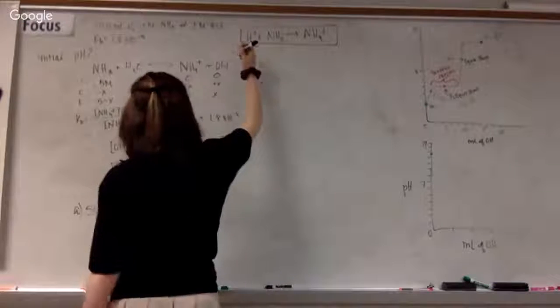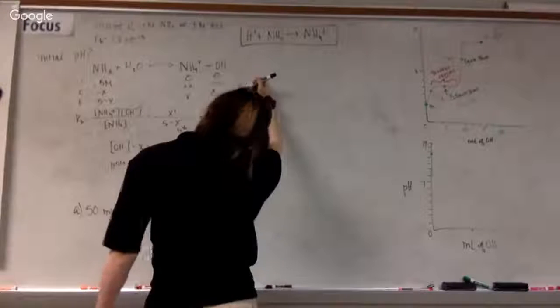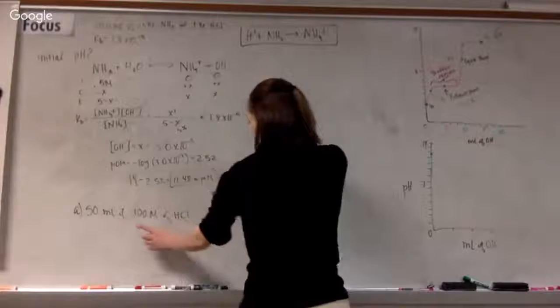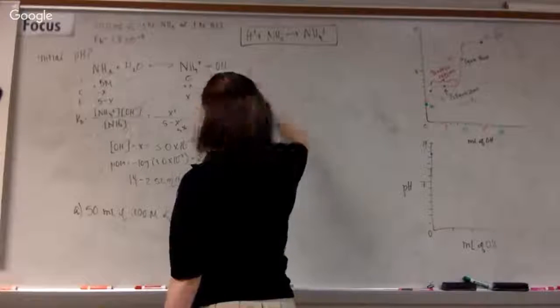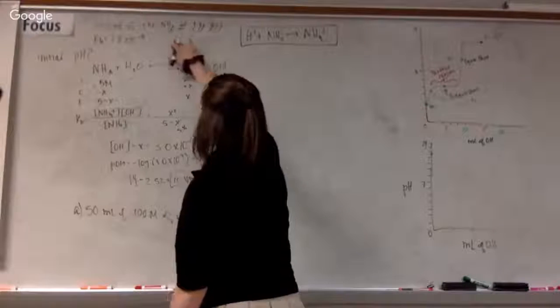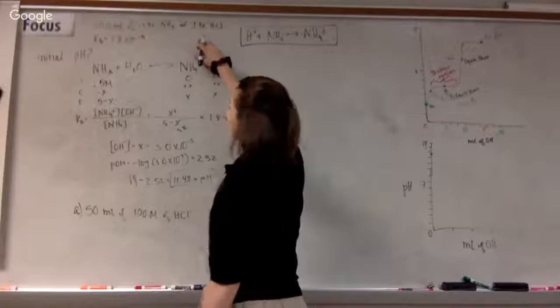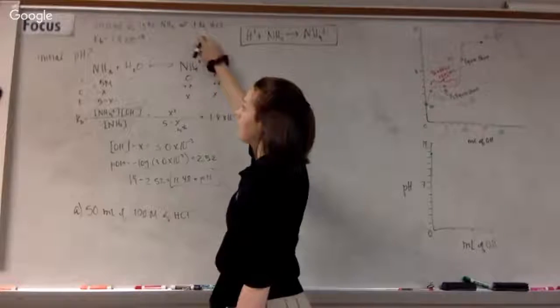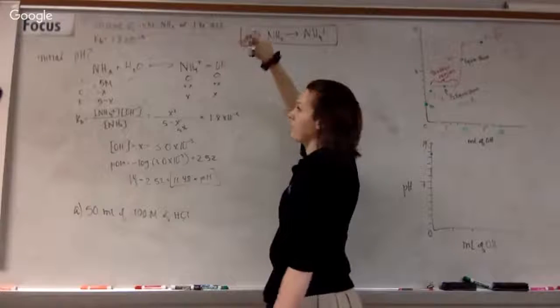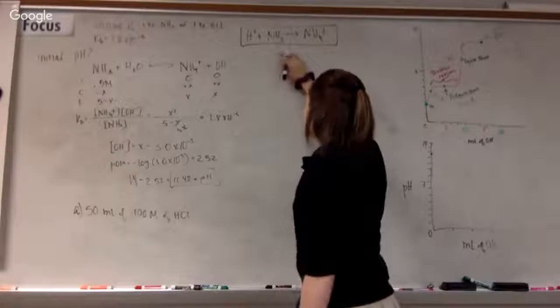So if I give you 100 millimoles of 0.1, wouldn't that give you 1 millimole? Oh wait, I'm sorry. What did I tell you that I was giving you originally? 100 milliliters of 0.5. Sorry.